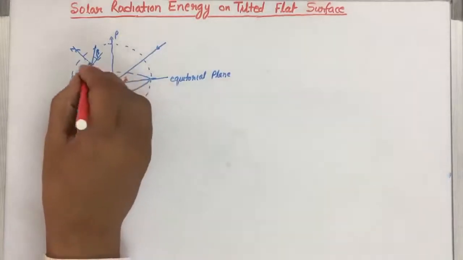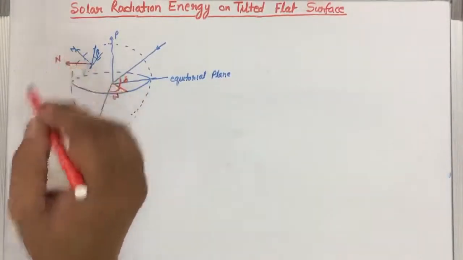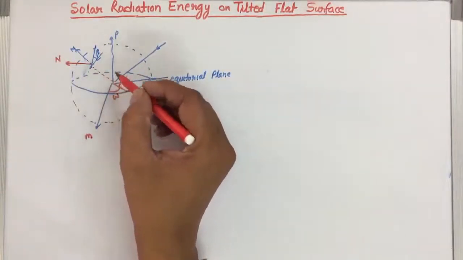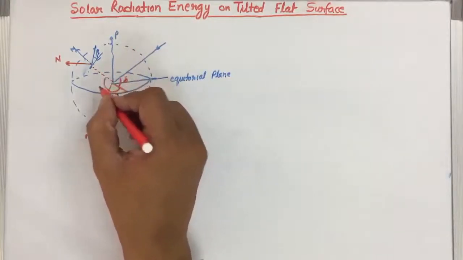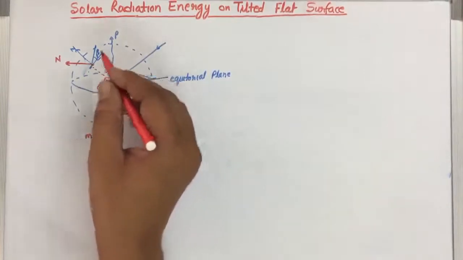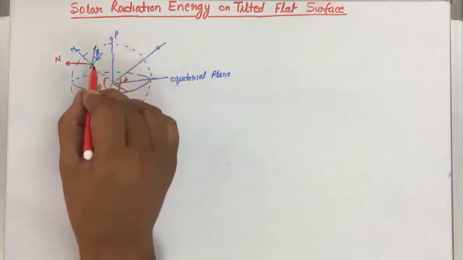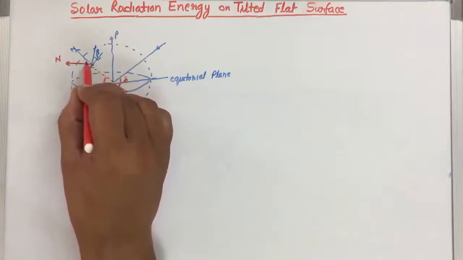After tilting, the normal is this, and this was the angle from meridian. It was phi yesterday, phi. So that was from the horizontal axis, the angle was phi.